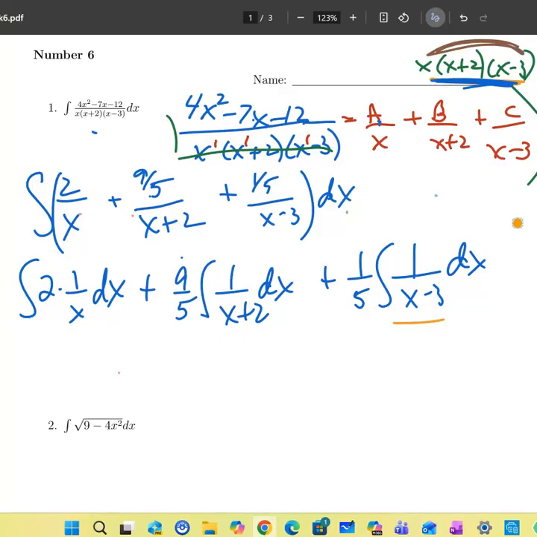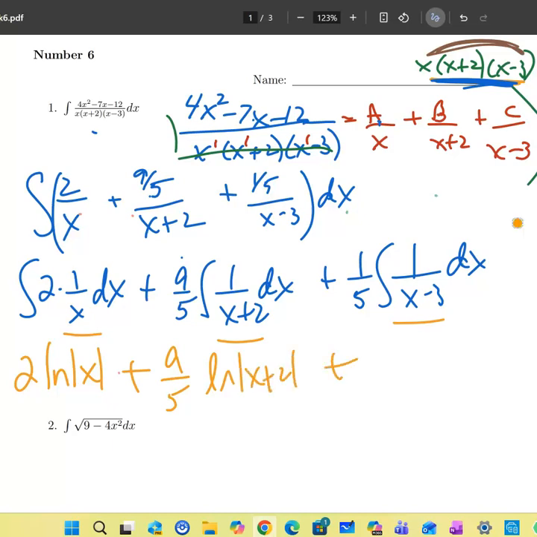So you know each of these are ln's, right? So they're pretty easy integrals. So 2 ln of x plus 9/5 ln of x plus 2 plus 1/5 ln of x minus 3 plus c. All right, and that's the answer.